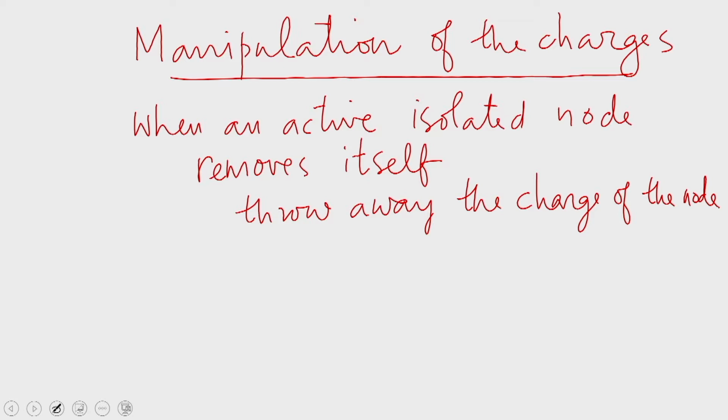When an active isolated node removes itself, the charge that is sitting on that node will be thrown away from the system. So, this is one kind of charge manipulation that we perform.